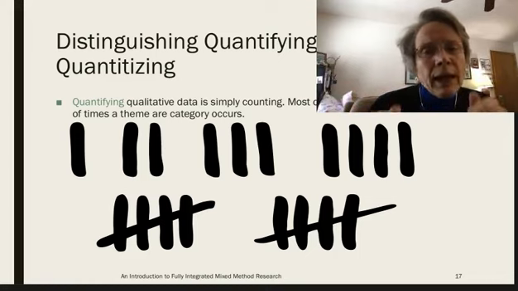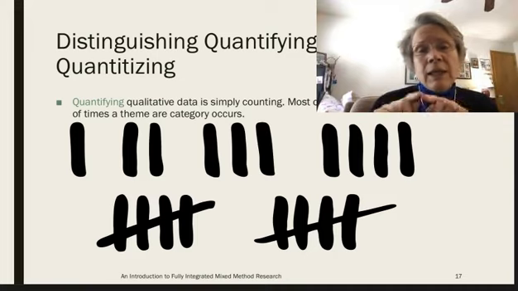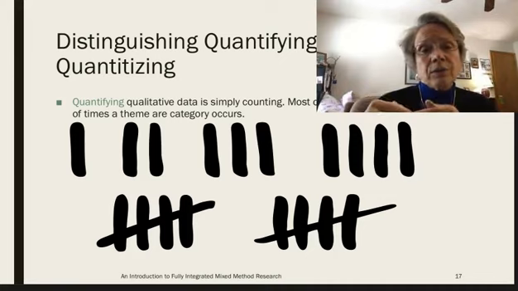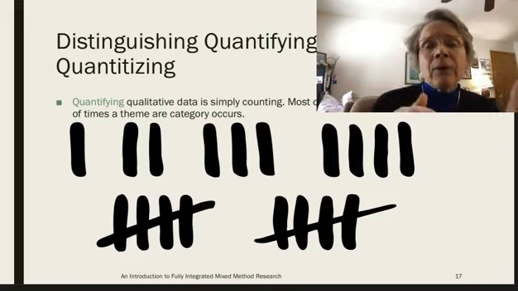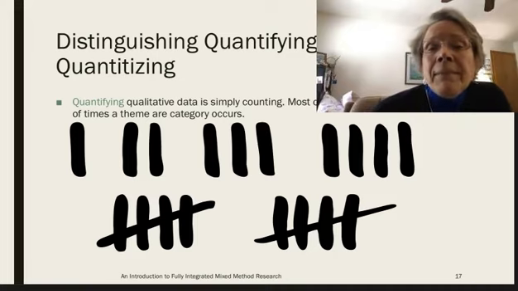But simple counting of themes in qualitative data is not quantitizing, which requires us moving to statistical procedures, and that is not mixed methods. So simply counting the themes in qualitative data is counting. It's not mixing qualitative and quantitative data.